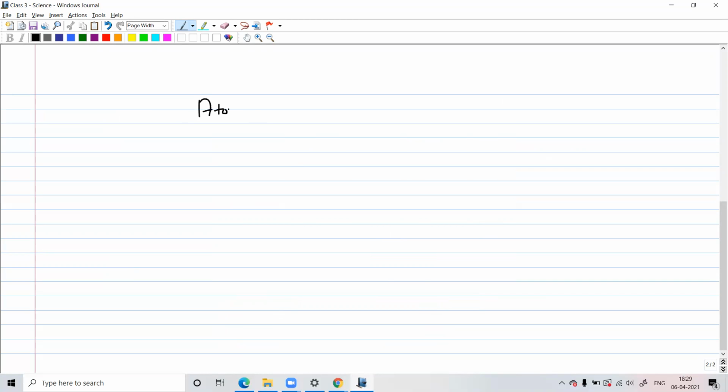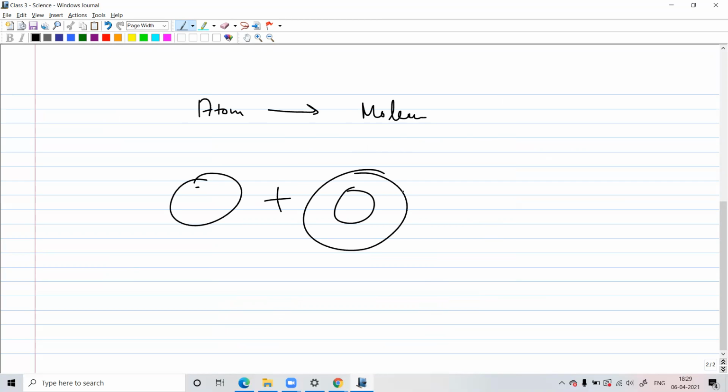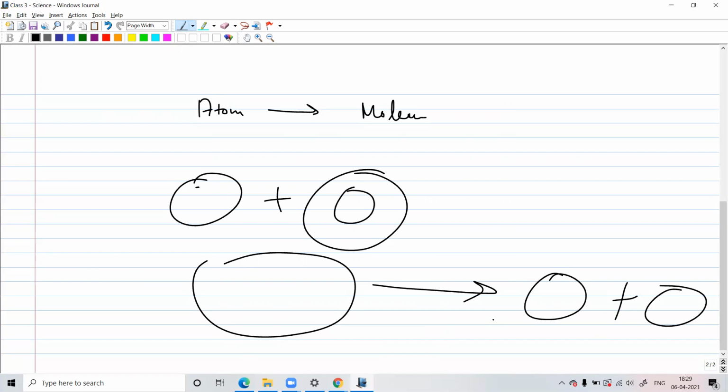So we went from atoms to molecules, but you know that the chapter which we are going to study is chemical reactions and equations. So the chemical reactions take place between different molecules. Different molecules combine together or disintegrate. Sometimes one big molecule may disintegrate to become two smaller molecules.